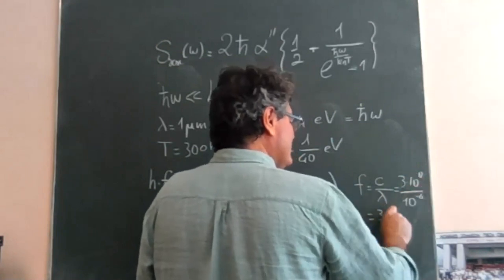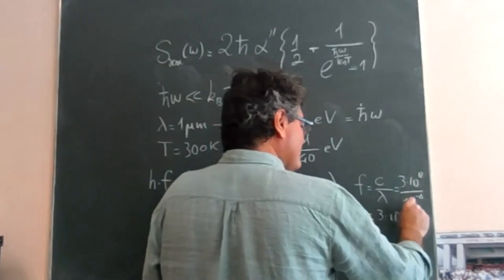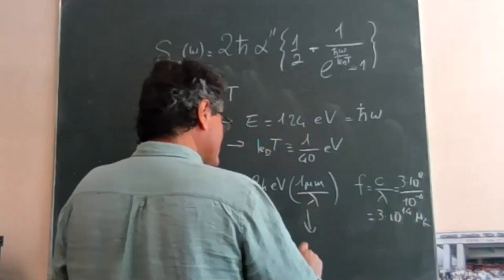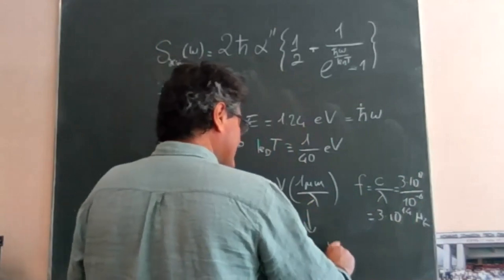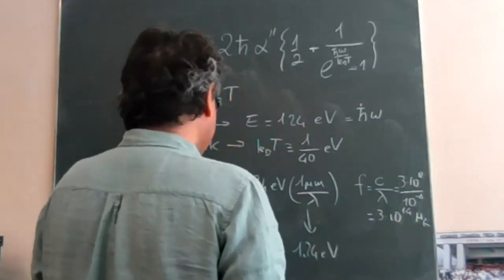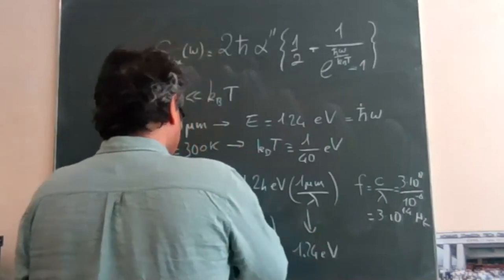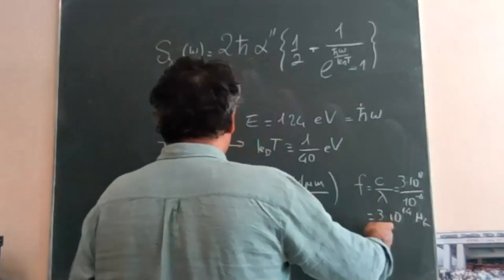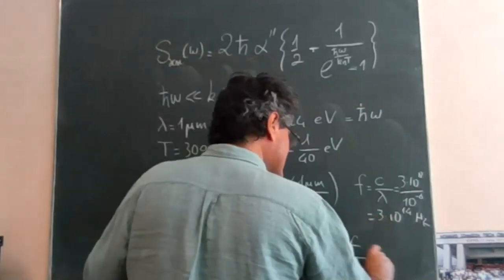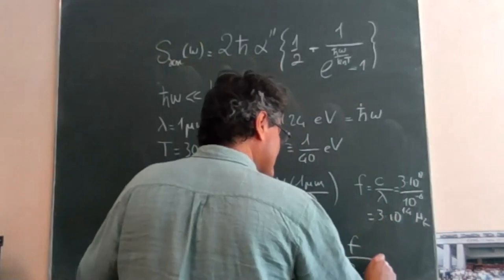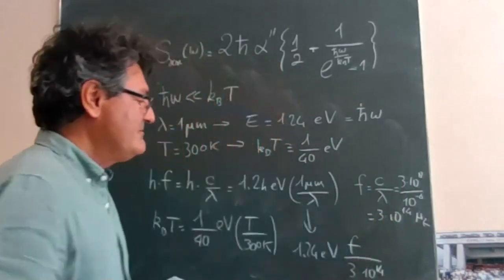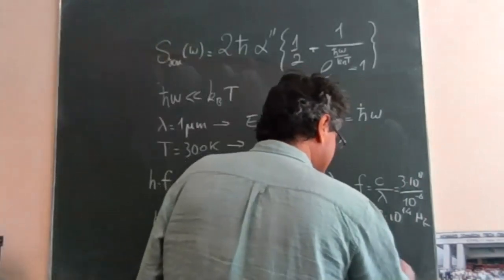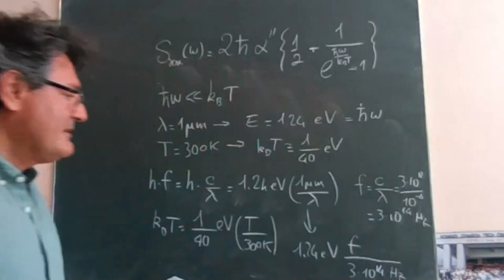So this is 3 times 10 to the 14 hertz. So this expression is 1.24 electron volts times frequency divided by 3 times 10 to the 14 hertz.